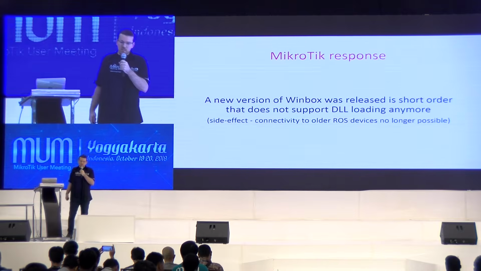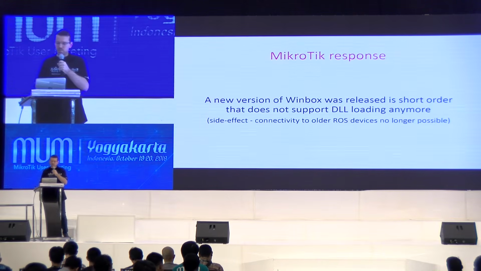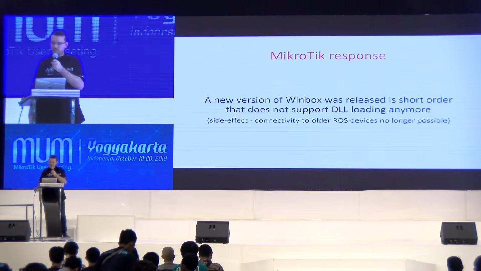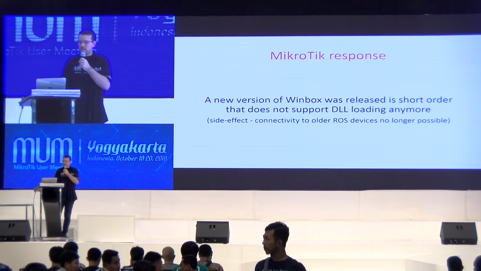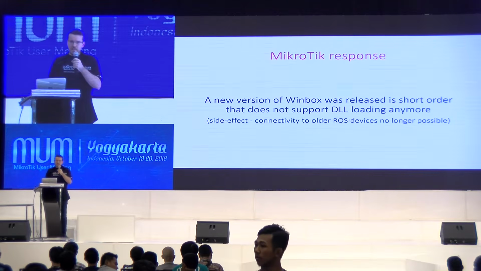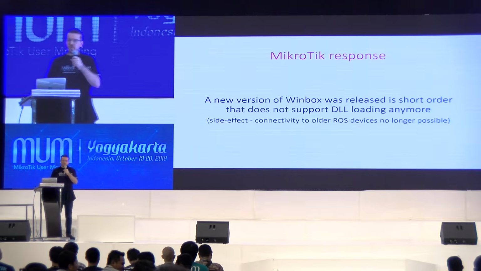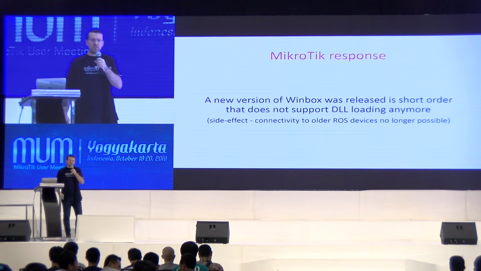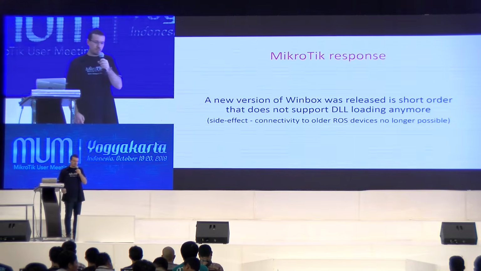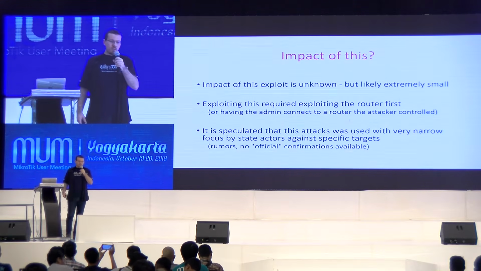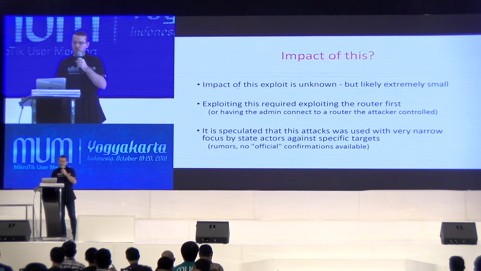So what was the MikroTik response? Well, a new version of Winbox was released very shortly after this was discovered that does not support DLL loading anymore. As a side effect, this cut away the legacy support for connecting to RouterOS version 5, which is okay since RouterOS version 5 has been deprecated for many years at this point. So the impact of this is actually unknown, but likely very, very small.